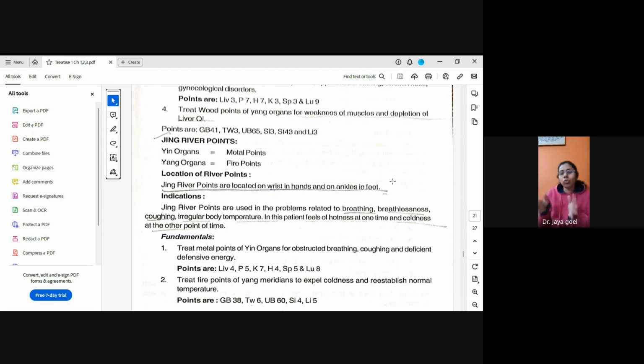It is not that he will feel hotness only or coldness only. Any time he says, "Oh, it's too hot," and after a short time the patient says, "I am feeling cold." Body temperature is not the same all the time.